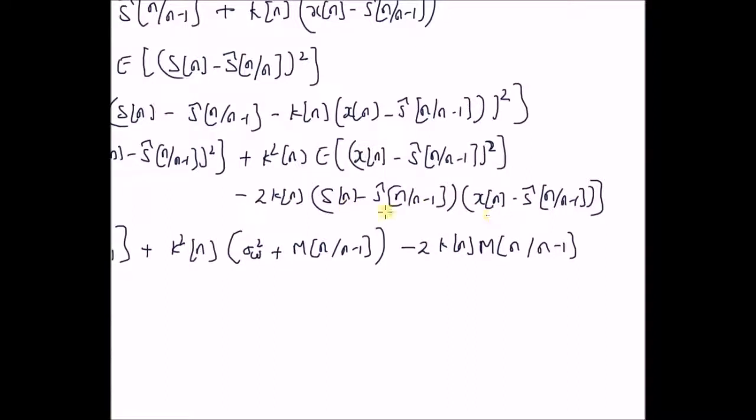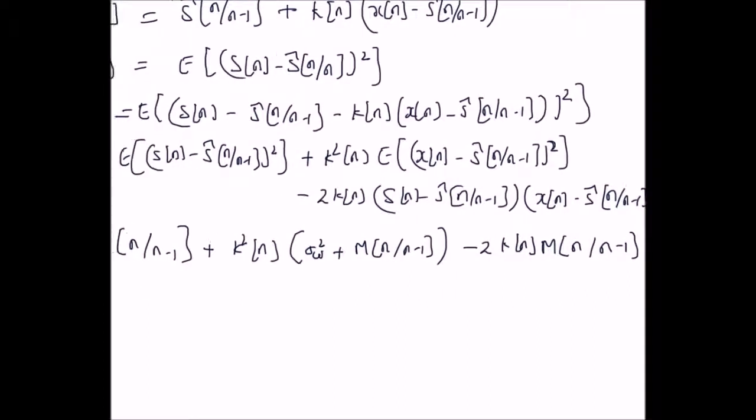Because the expectation of the product between this difference and the noise component W of n is clearly equal to 0. And note that x of n is equal to s of n plus W of n. Therefore, the first two terms basically form the prediction error, and the expectation of the product of W of n with this difference is clearly equal to 0. So we are left with these three terms.